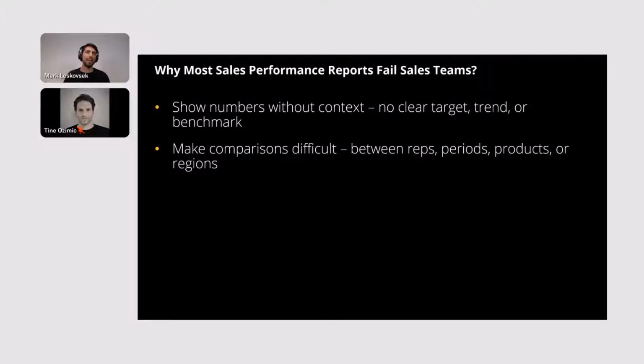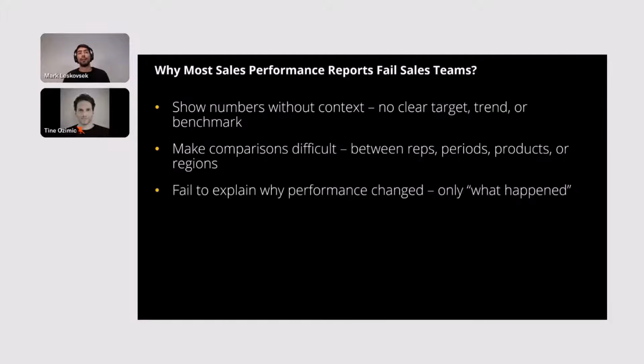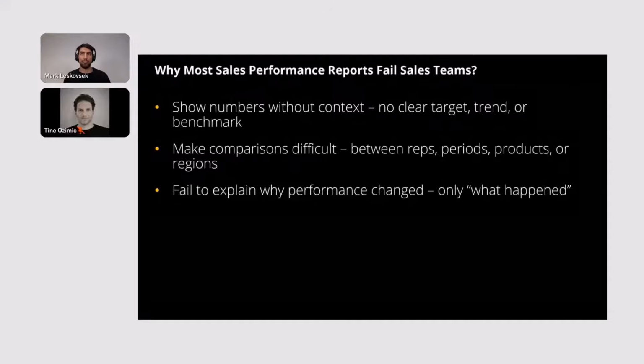And when we include comparisons and variances between reps, periods, products, and regions, there are no clear explanations. There are no consistent standards like colors, formats, and scaling. And in the end, the reports fail to explain why performance changed.